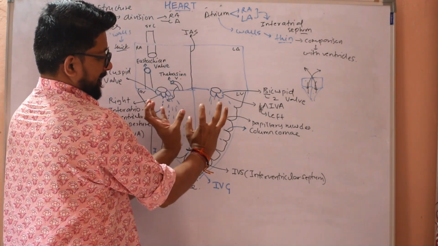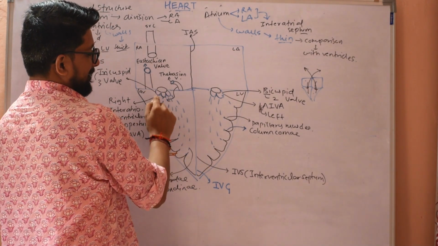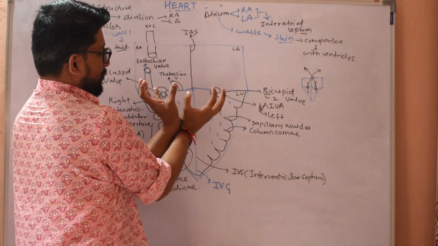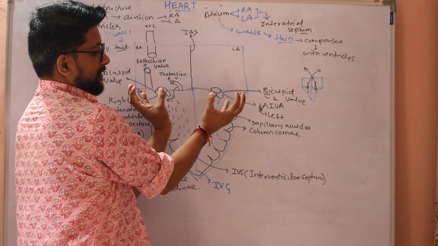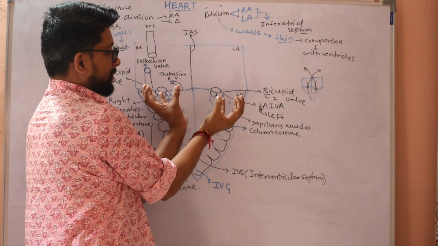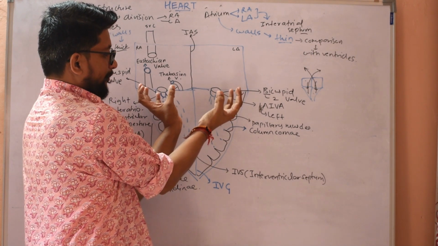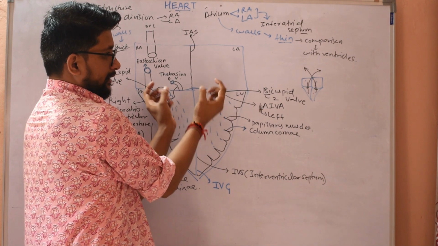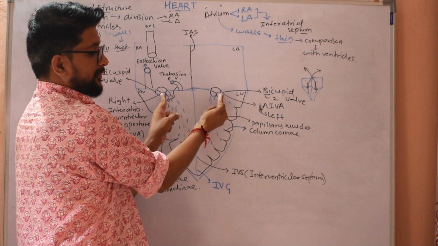Consider these fingers as chordae tendineae, which are connected to the tricuspid valve inside the right part and bicuspid valve inside the left part. When both chordae tendineae contract, it will open the valves, that is tricuspid valve and bicuspid valve.